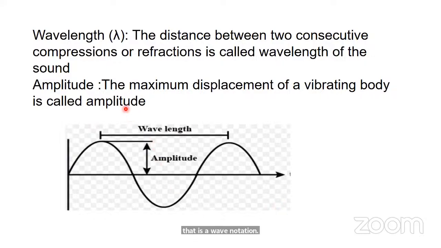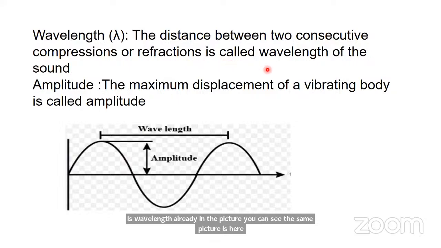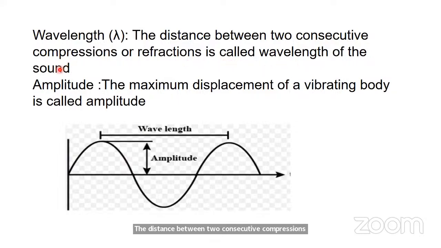Next, what is wavelength? Wavelength is denoted by this symbol, lambda. The distance between two consecutive compressions or rarefactions is called the wavelength of sound. Wavelength is from upper part to upper part, or lower part to lower part, or from this position to the next position.